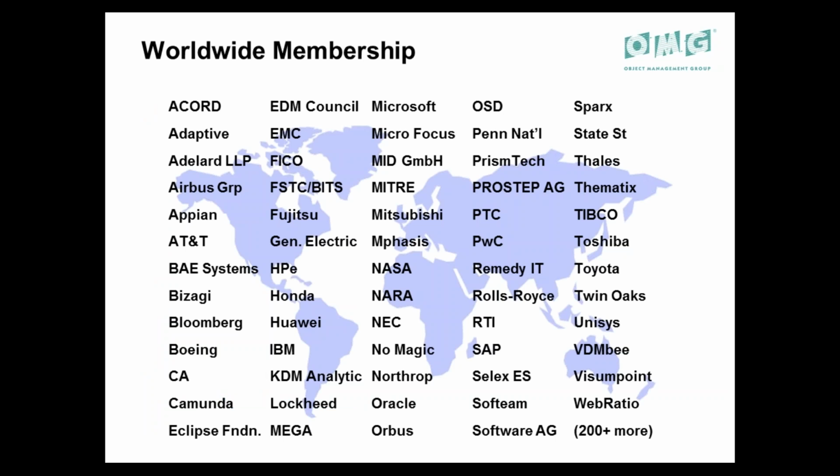I mentioned that we have a very broad international membership. This slide is just a representative sample of our members. It doesn't list all of the members. There are at least another couple of hundred that I couldn't fit onto this slide at a typeface that you can read. The intention is to show you that we have technology tool vendors and also technology users, including a number of the largest corporations on the planet.